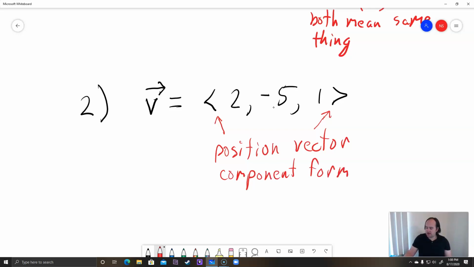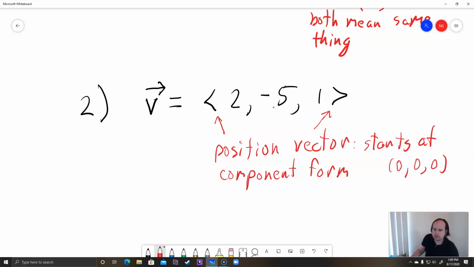It's called a position vector because the initial point is 0, 0, 0. So it's positioned right at the origin. So a position vector starts at 0, 0, 0. That's the initial point. Okay, so that's the idea with a position vector. We already talked about that earlier, though, so that might be good enough for you to understand that.